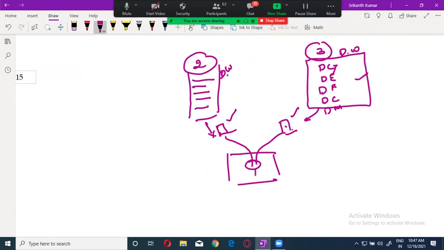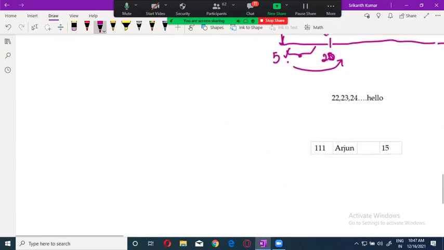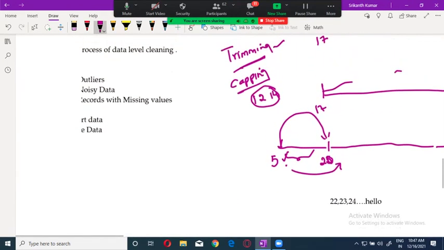After merging, I will find out the outliers, the errors. What are those? Outliers, noisy data, or missing values, records with missing values. I will find them and rectify them. I will call that the rebuilding process. So the next one here is rebuilding of data. Okay, data merging. Now after this, rebuilding.